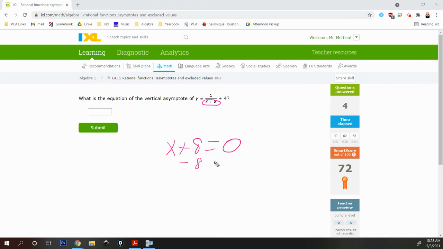We're going to minus 8 from both sides to get rid of it. I get x equals -8. So my equation for my vertical asymptote is x equals -8. And we just completely ignore anything else. The only thing we're looking at when it wants a vertical one is the bottom of the fraction. I don't care about the 1 in top, and I don't care about the +4 over there.